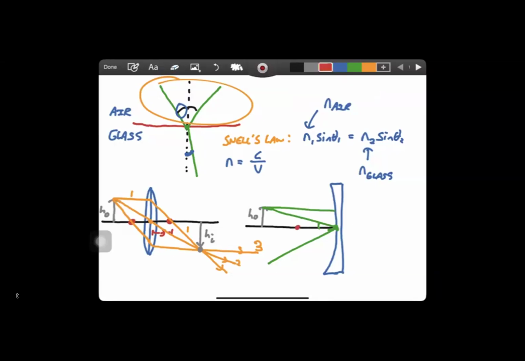So let's say the focal point is right here. That would mean that the focal length is the distance from the mirror to that focal point. And so if it goes in parallel, it reflects back through the focal point.